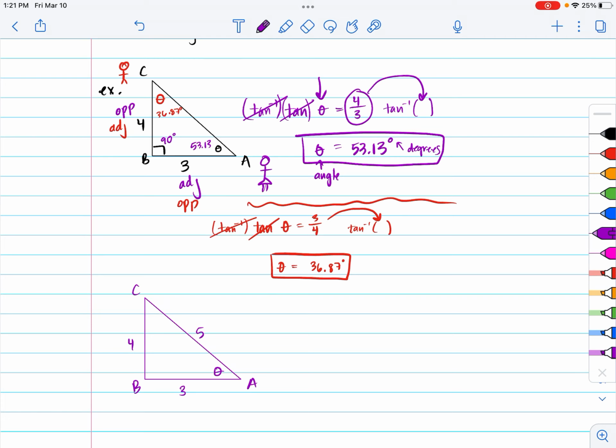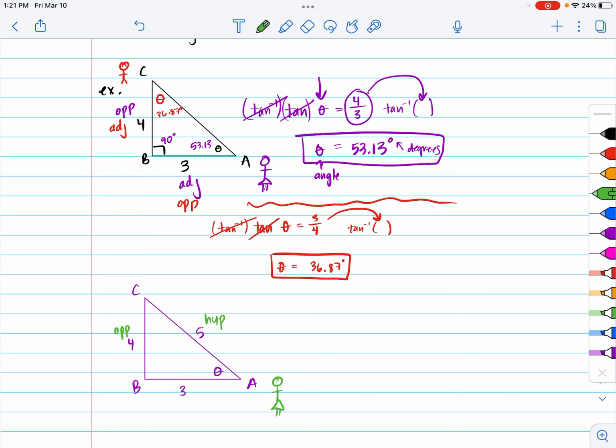And what if I don't use tangent this time? What if I have all 3 sides, which is great, but what if I want to use the opposite side and the hypotenuse? So let's do this in green just to change this up. This is, once again, our opposite side. This is our hypotenuse. And what if I want to use those 2 instead? So this is from our perspective.